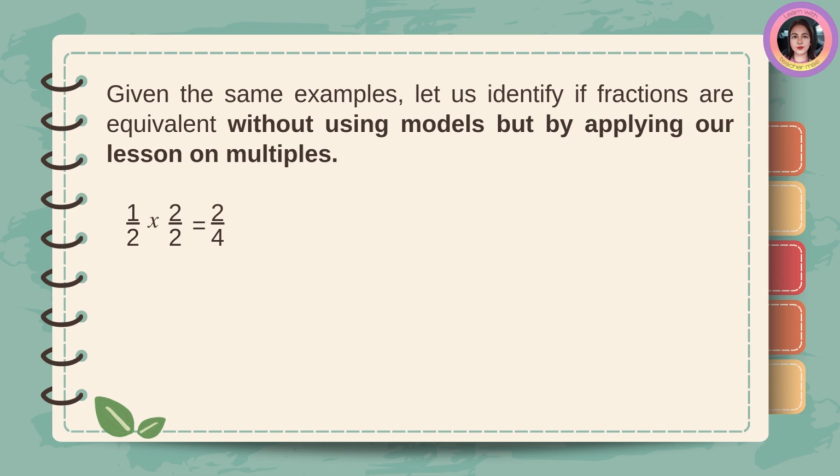Then multiply the denominator. 2 times 2 is equal to 4. 1/2 times 3/3. First multiply 1 and 3. 1 times 3 is equal to 3. 2 times 3 is equal to 6. The answer is 3/6.